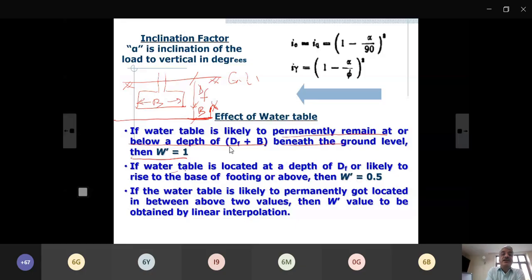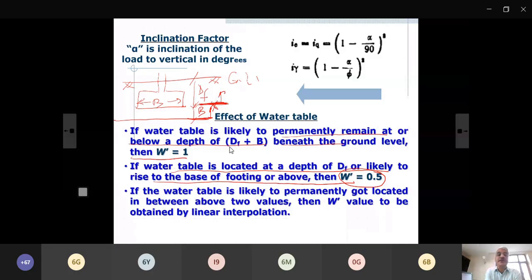Then it says if the water table is located at a depth of Df or likely to rise to the base of footing or above, so if your water table can come up to here or above, then you take W dash equal to 0.5. It means the third component of the bearing capacity equation becomes half. Same thing, if you remember, yesterday in Table 6 it was given, if the water table is likely to come to the base of foundation or above, you reduce the bearing capacity by half.